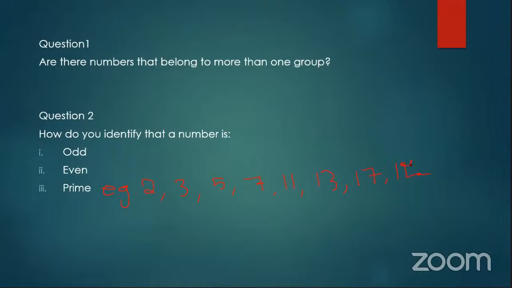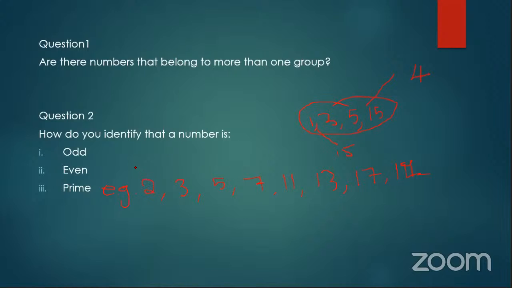Okay, so 15, we are not including it, because 15 is divisible by 1, by 3, by 5, and by 15 itself. So here it has 4 factors, and we are saying a prime number has only 2 factors.